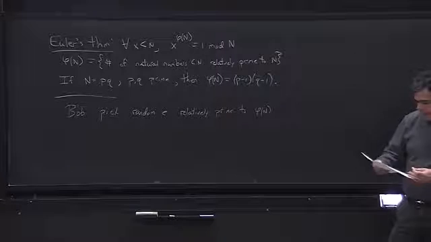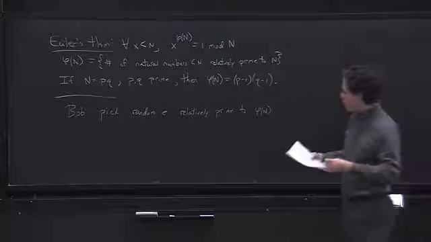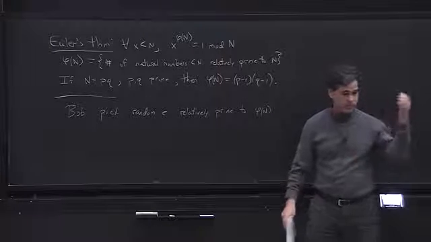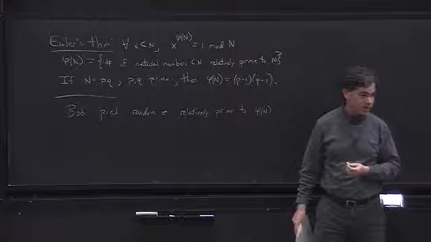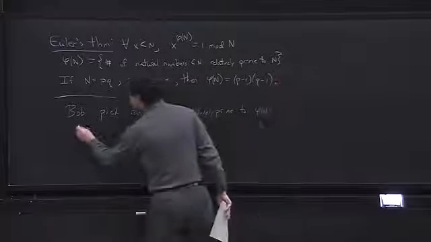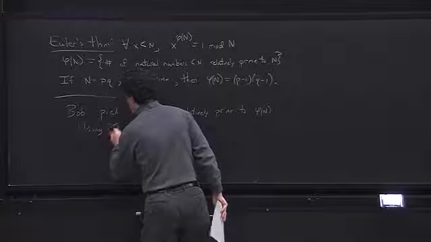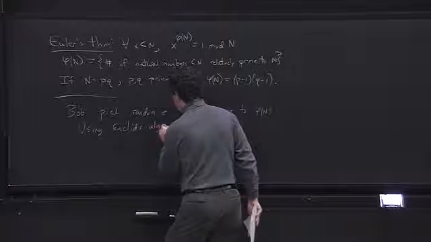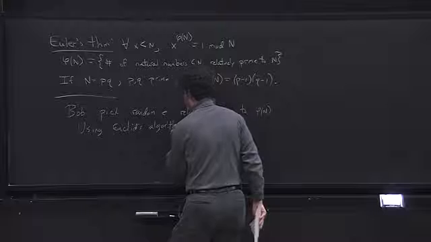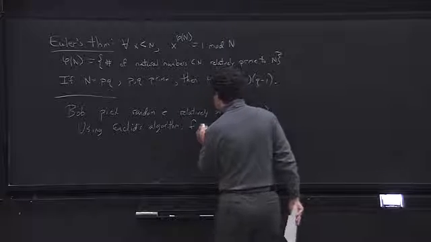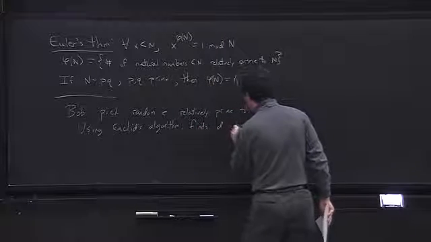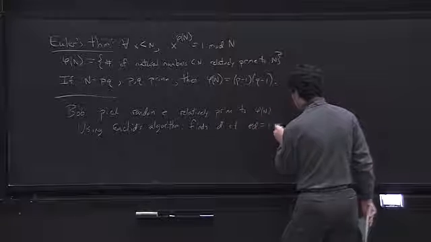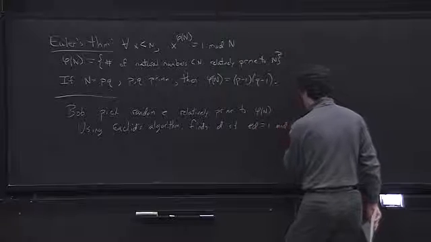And then using Euclid's algorithm, which takes even longer, and which we did in the tutorial yesterday, he finds some d such that ed is congruent to 1 mod phi of n.